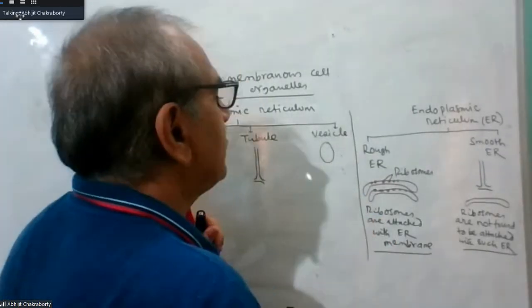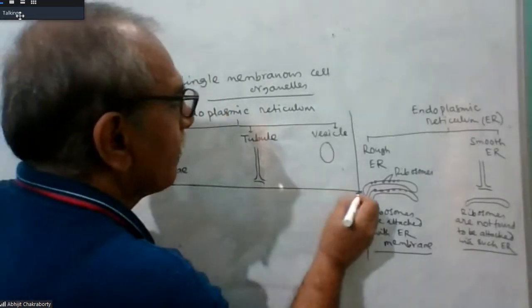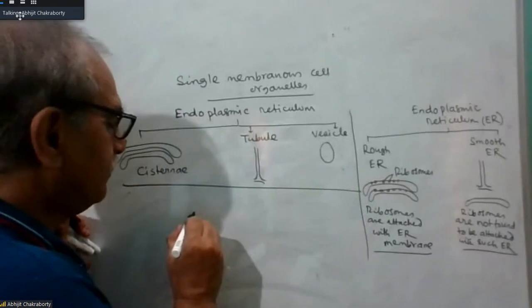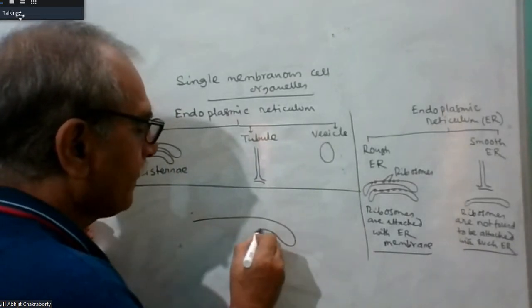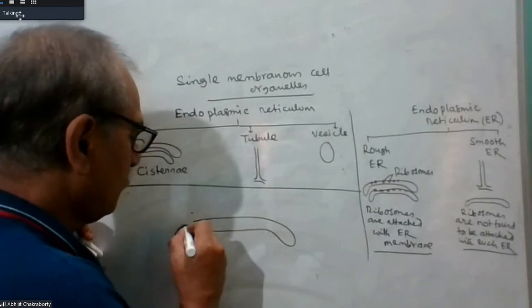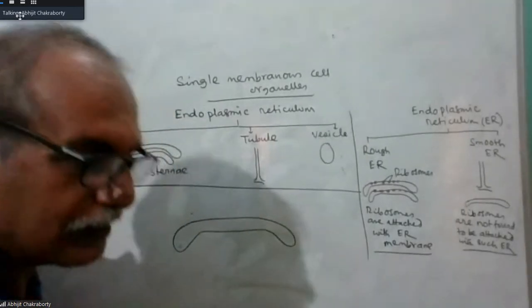Now, how can ribosomes be attached to it? In the case of rough ER, look, there is a structure present here.